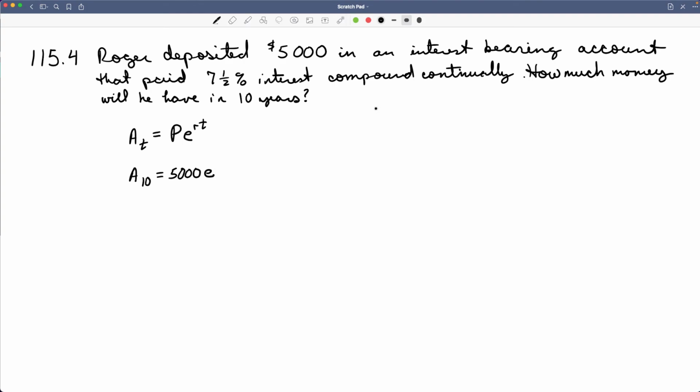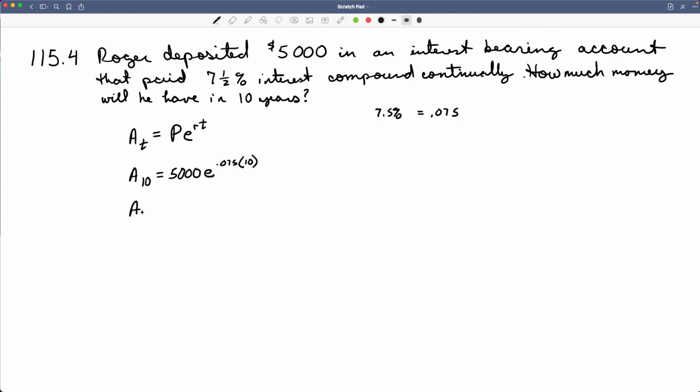So we know that 7.5% is 2 decimal places over. So that would equal 0.075, because 7% is 0.07, so the 5 comes after. So that's going to be 0.075 times 10. Right? So there's our rate and there's our time.